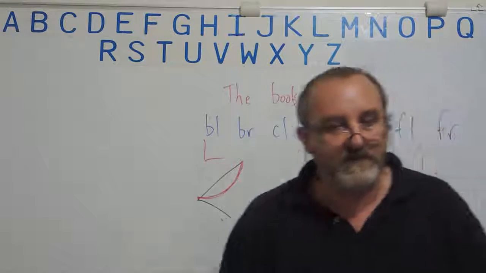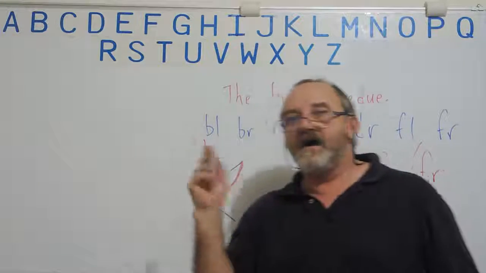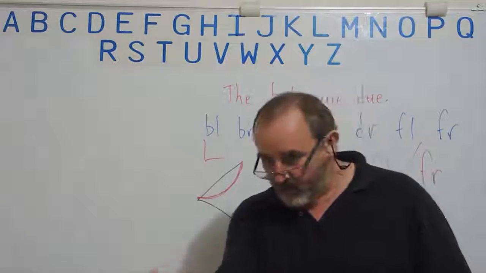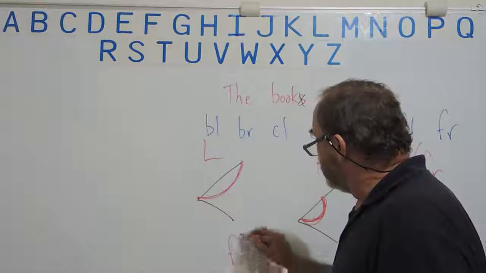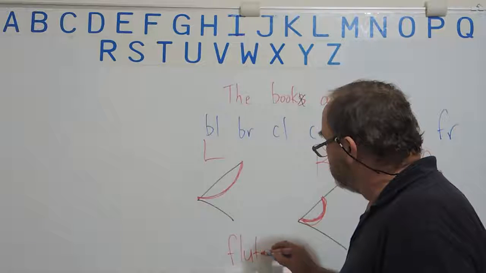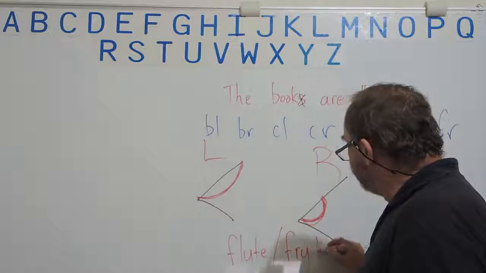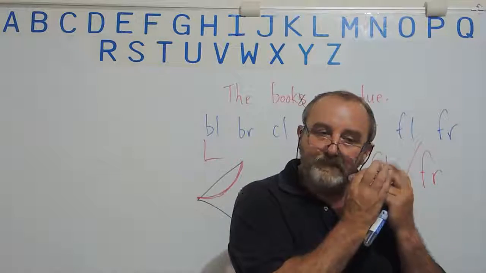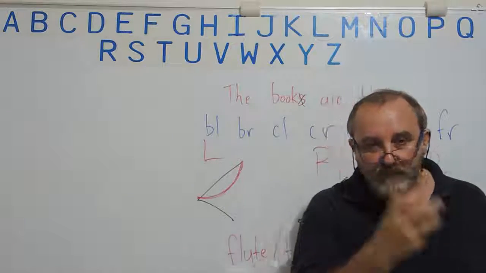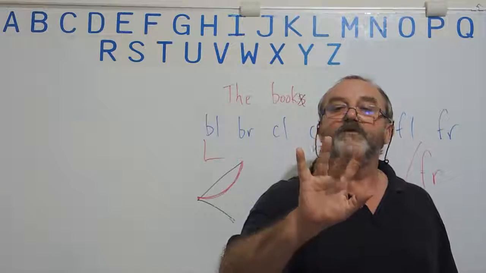And so, as a result of that, probably about 12 years ago, I used to have my young students, like all of you, practice saying flute, fruit, all right? Flute, fruit. I play a flute. I eat the fruit. So we would say flute, fruit, flute, fruit.